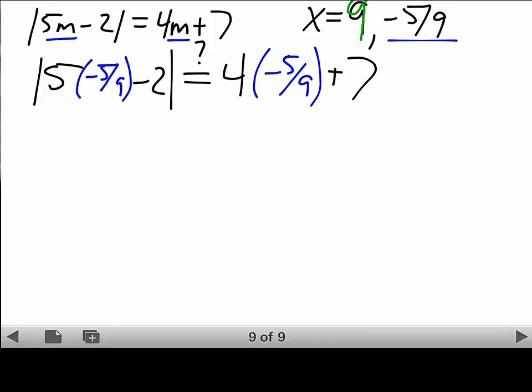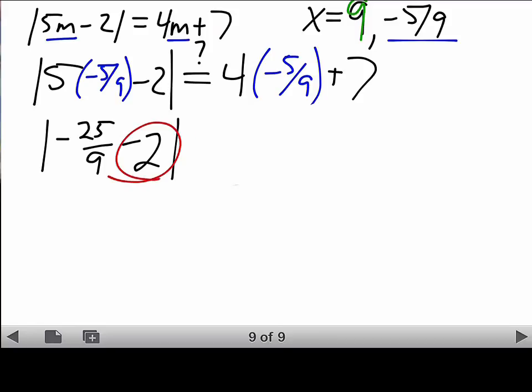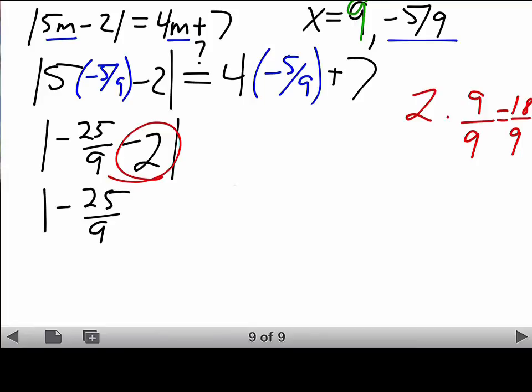We're going to work one side at a time, and inside the absolute values, we get negative 25/9 minus 2. Now remember, we need common denominators, and that 2, expressed as a fraction with a denominator of 9, is going to be 18/9. So we write negative 25/9 minus 18/9, which is the absolute value of negative 43/9, which is of course 43 over 9.